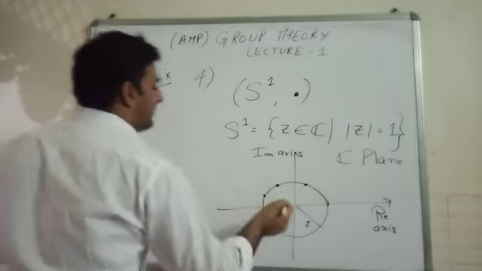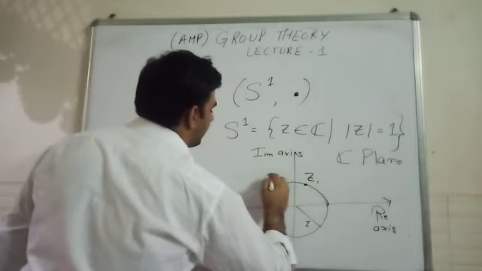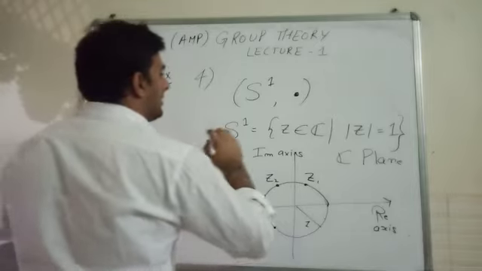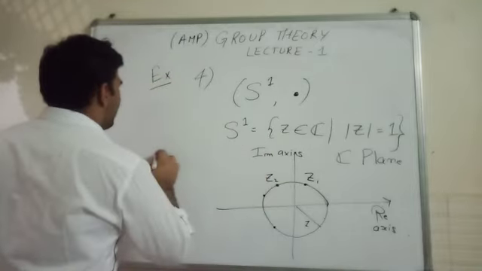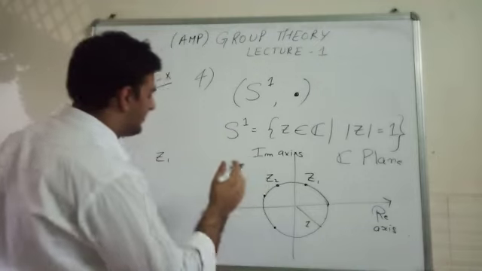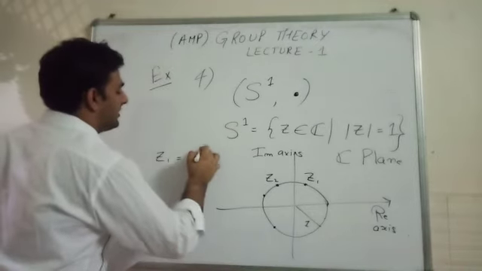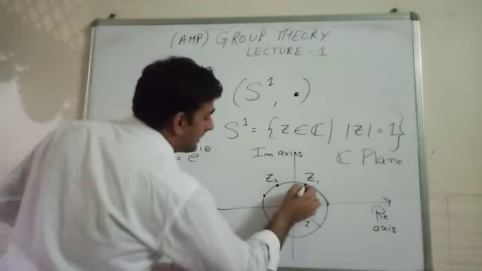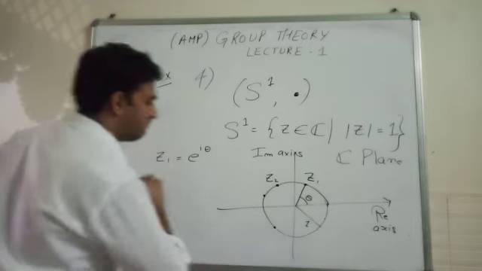For example, Z1 is one element and Z2 is another element. Now Z1 in polar representation can be written as e to the I theta, where theta is this angle.